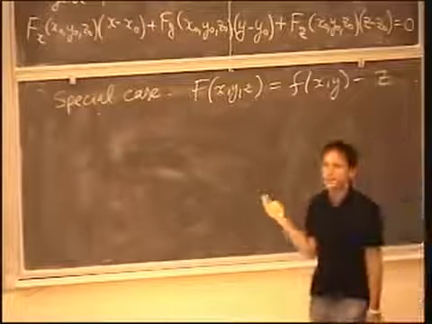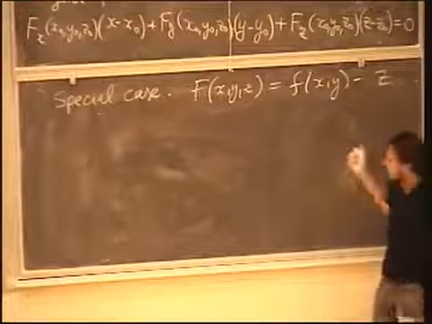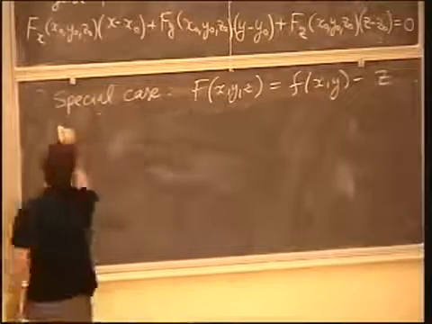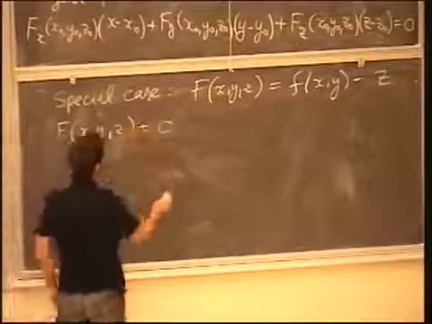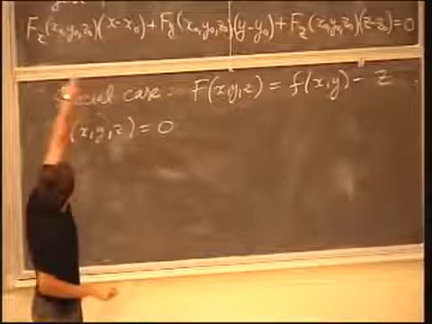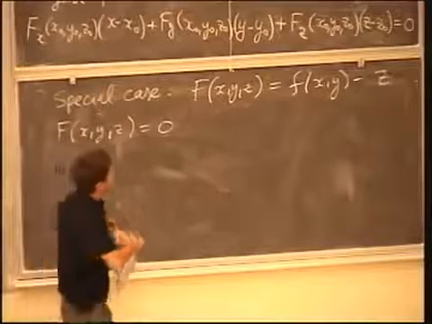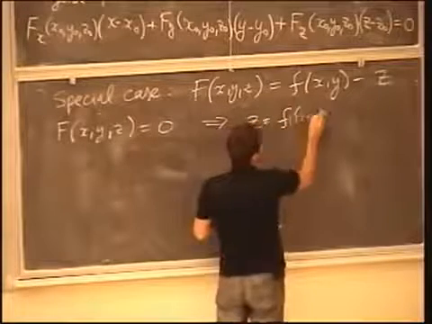So you can ask, why would we even bother to look at this special case? And the reason is very simple, because in this special case, if I look at the equation F(x, y, z) equals 0, which is a special case of a level surface, namely the case when k is 0, right? This is just the equation z equals f(x, y).